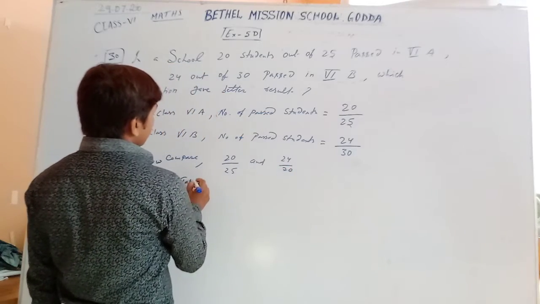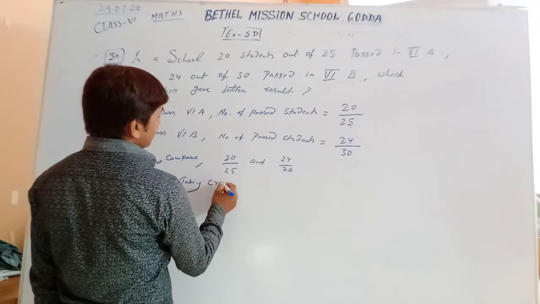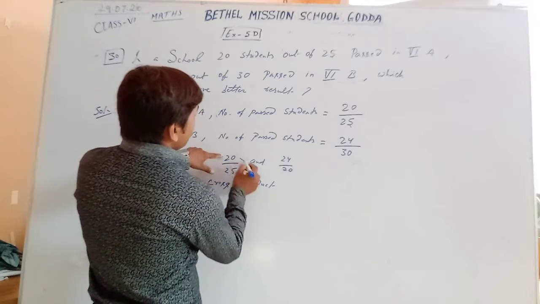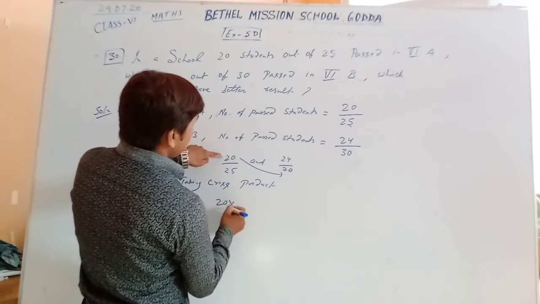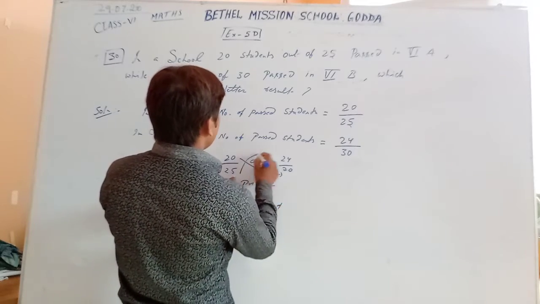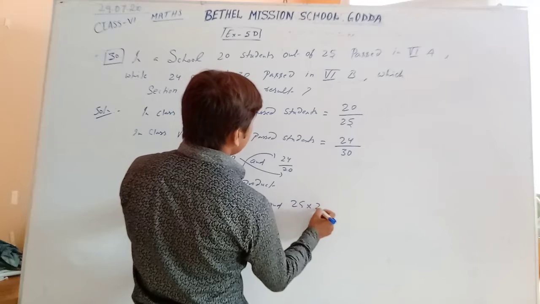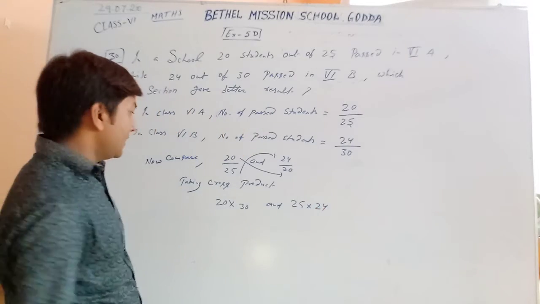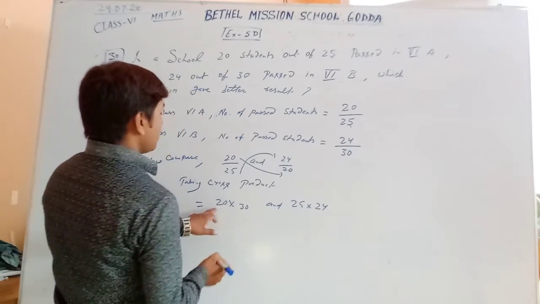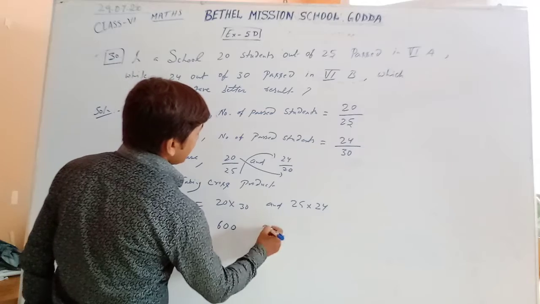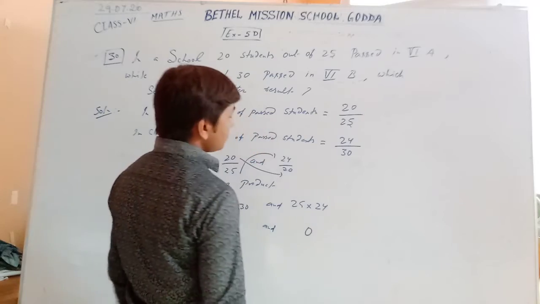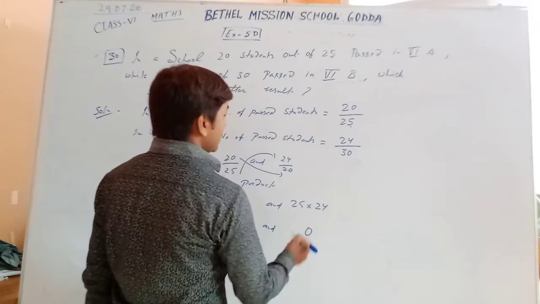Taking the cross product, we multiply 20 by 30 and 25 by 24. 3 sixes are 18, and 20 times 30 is 600. And 25 times 24: 25 fours are 100, and 25 twos are 50, and 100 and 50 make 600.